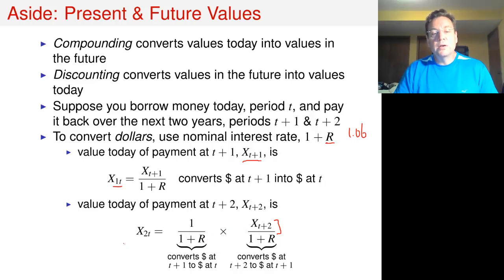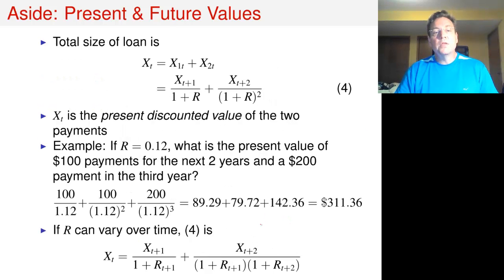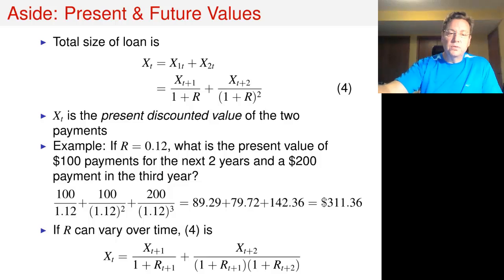That gives us x_{2t}, the present value of the payment 2 periods from now. The total size of the loan is then the sum x_{1t} plus x_{2t}, which is just the present value of this payment stream, payments at t plus 1 and t plus 2. So x_t is what's called the present discounted value of the payments x_{t+1} and x_{t+2}.